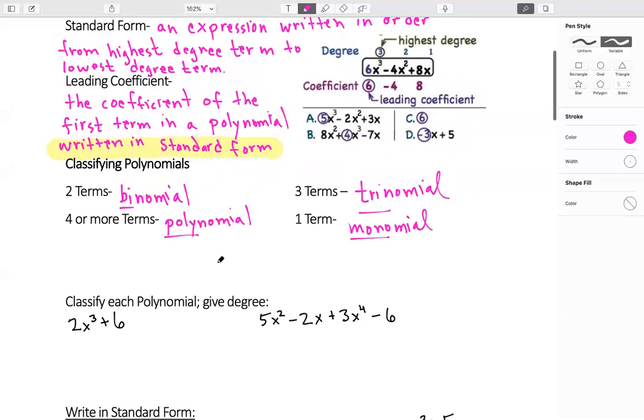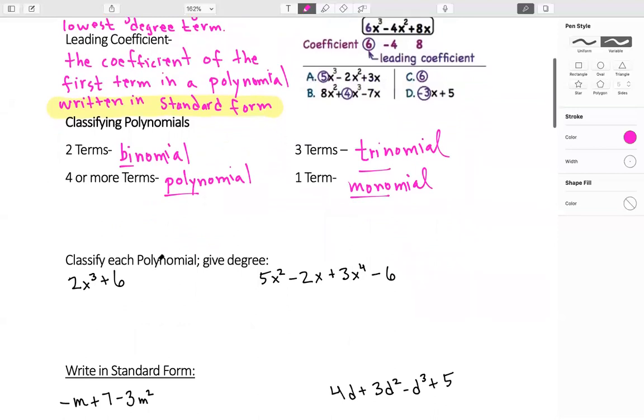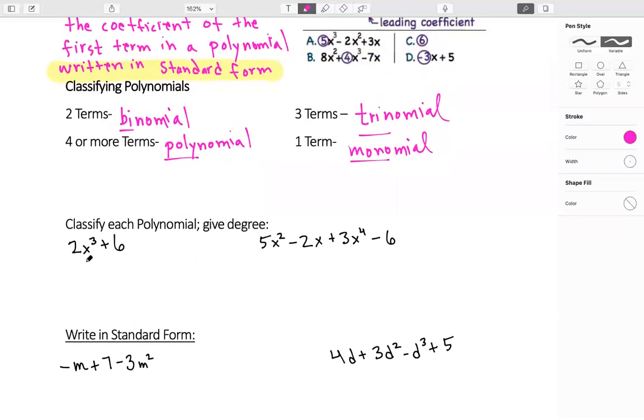So let's classify each polynomial in these examples. 2x to the third plus 6. Well, we have two terms, so that's going to be a binomial, and because the highest degree term is to the third power, we call that a third degree term right there. That will actually determine the degree of the whole polynomial itself.